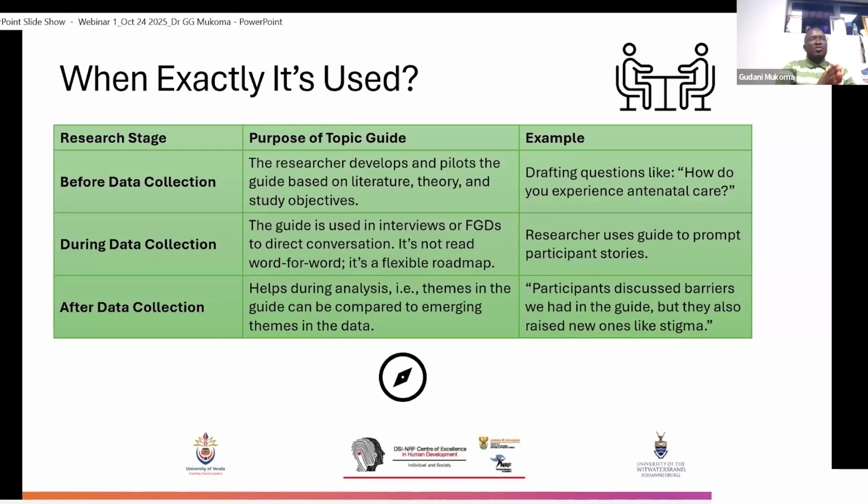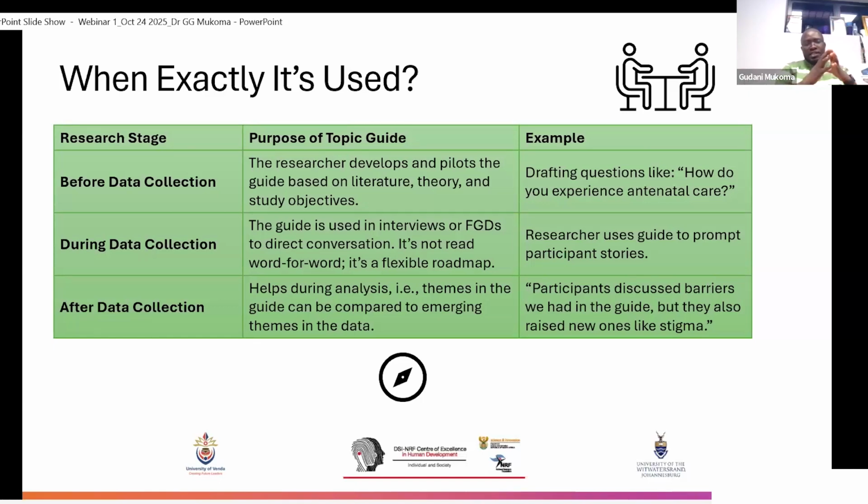So this is where it's very useful for you to pilot test it as a researcher, because you will be able to review it as you would need to, and that is based on the feedback that you'll be getting from the pilot participants. So a good example of this is drafting your questions, such as, how do you experience antenatal care? And this is where you will see if the way that you've framed the question is actually enabling the participant to respond to you in a way that is not restrictive or that promotes that open-endedness that I've been talking about.